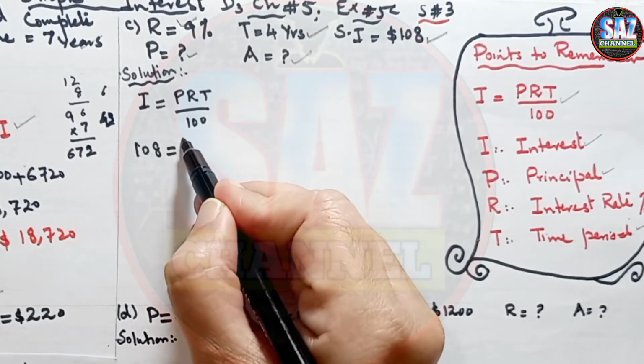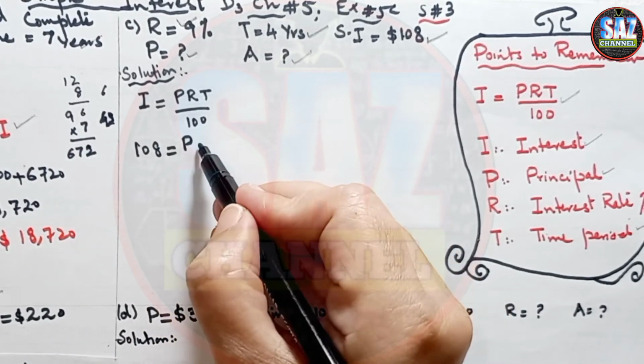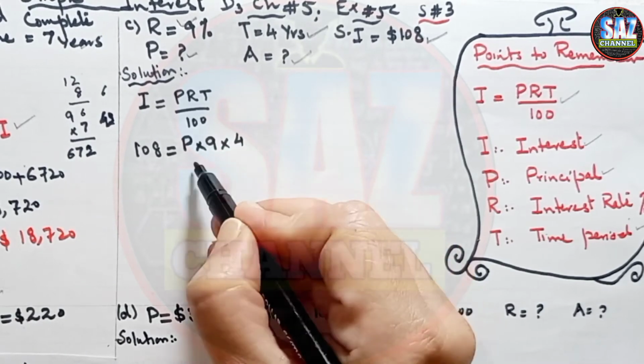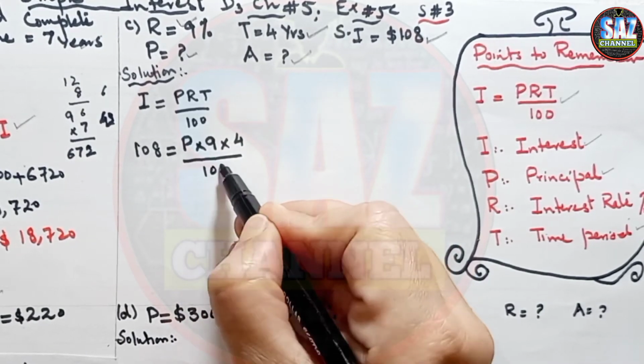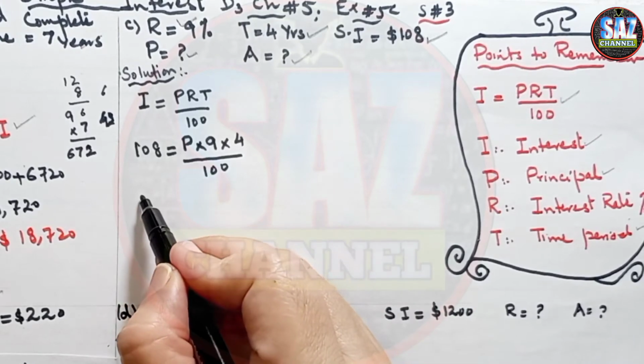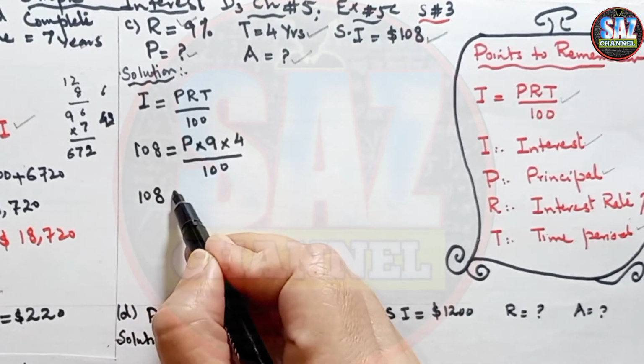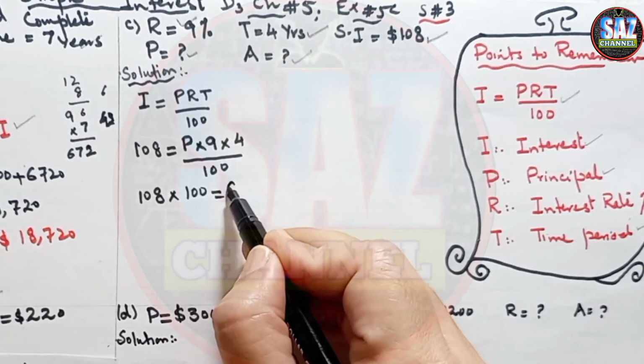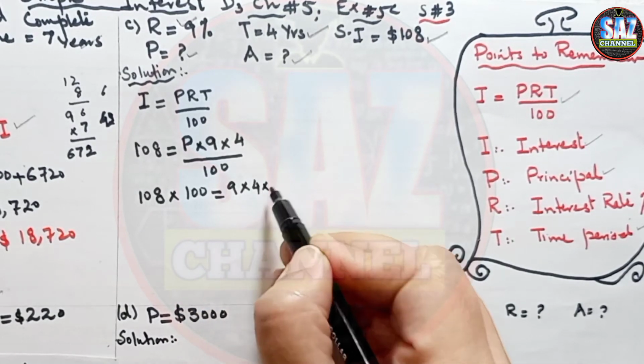Principal is unknown, so I am keeping principal as it is. Rate is 9% and time is 4 years upon 100. Now shift 100 to the other side. It will become 108 multiplied by 100 equals 9 multiplied by 4 multiplied by P.